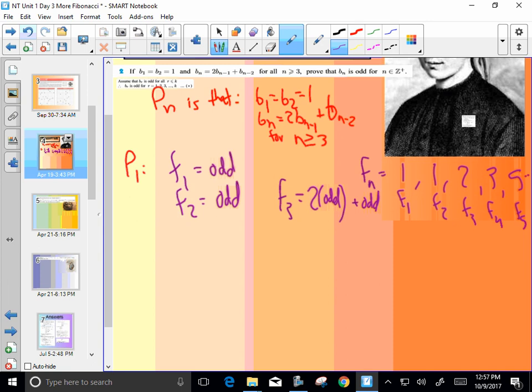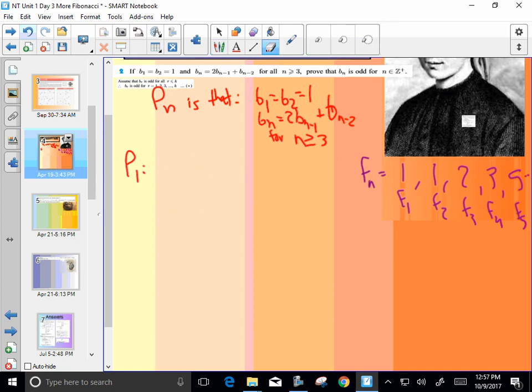Oh, shoot. Yeah, that's right. Those are the Fibonacci numbers, but if we list this sequence with the formula, B3 is 2B2 plus B1. I had it right before.